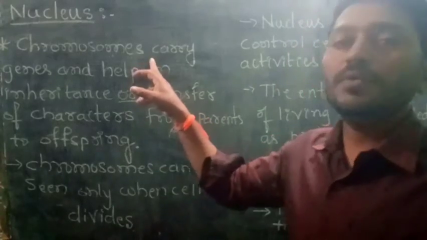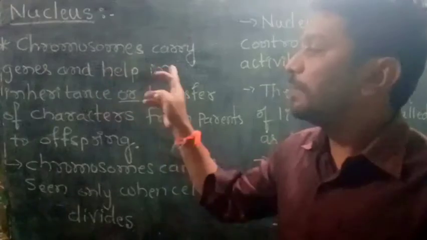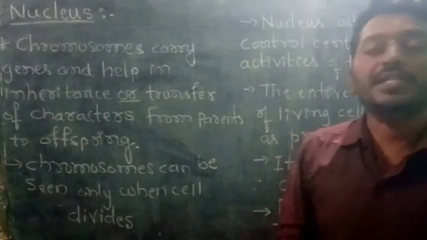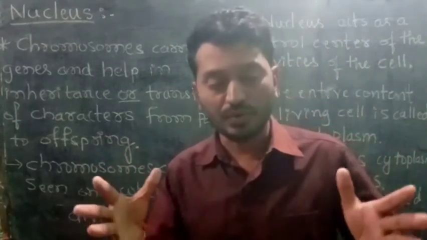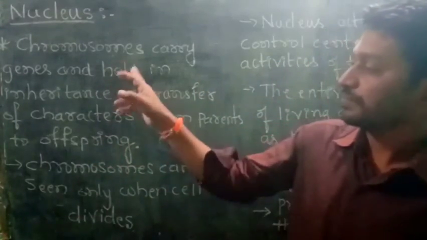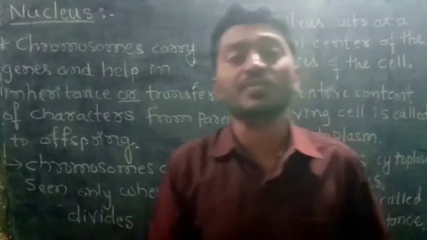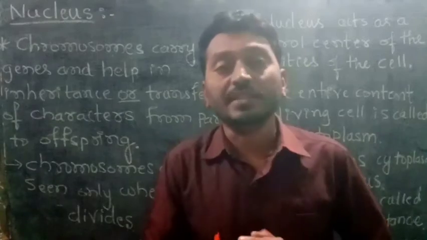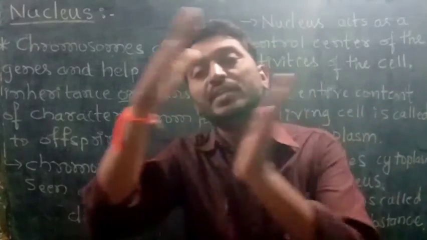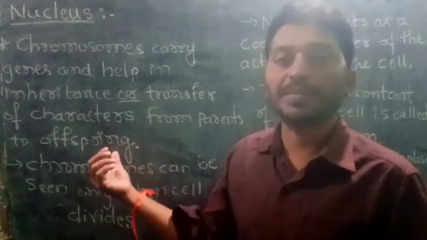Because the chromosomes carry the genes and help in inheritance, the transfer of characters from parents to offspring. So it's very important. Genes. Okay. So chromosomes will carry genes. Genes means nothing but hereditary characters from parents to their children.